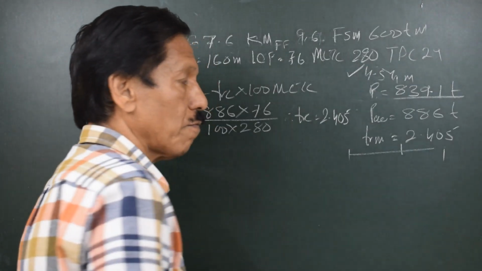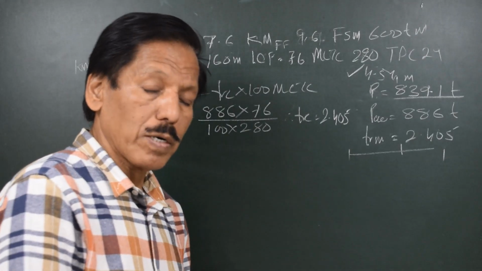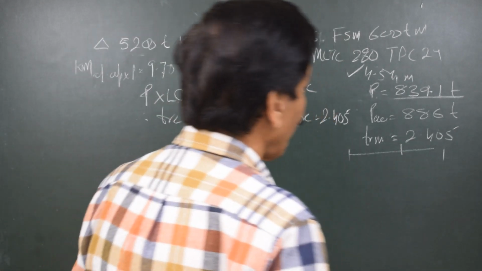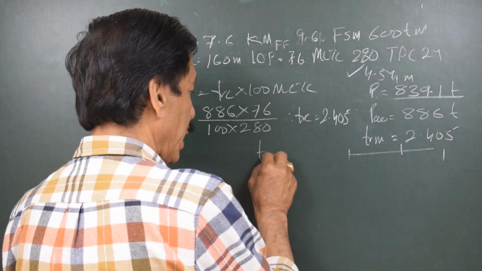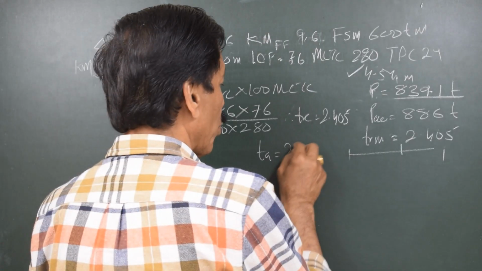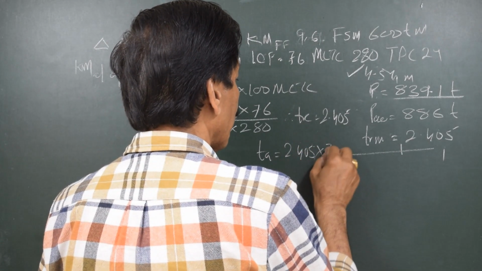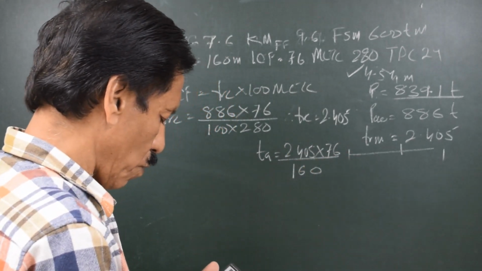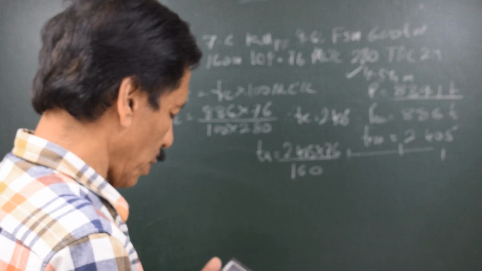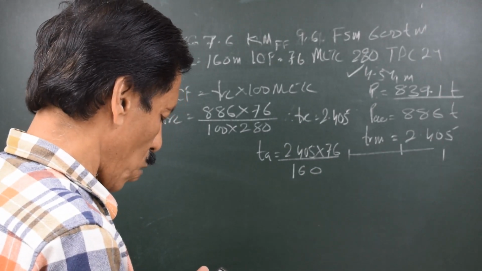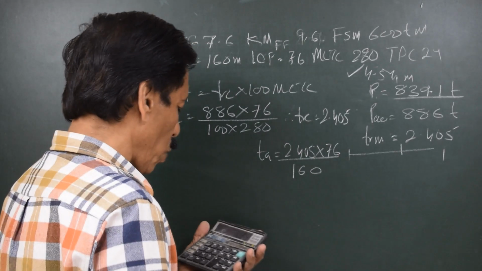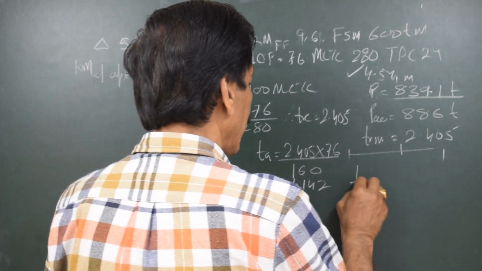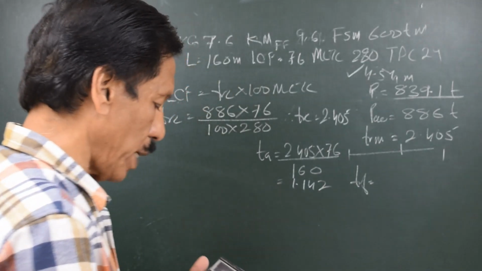We know the hydrostatic draft, we know the initial trim, so we should be able to find out the fore and aft draft. So in this trim that is 2.405, what is the aft component TA? Aft component TA will be 2.405 into LCF 76 divided by LBP 160. 2.405 into 76 divided by 160 gives me 1.142, and TF should be equal to total trim minus TA.